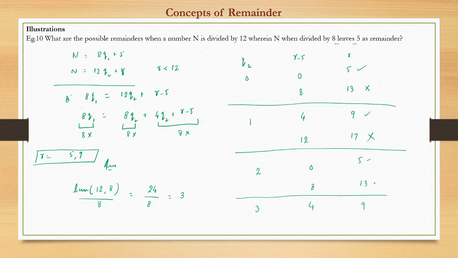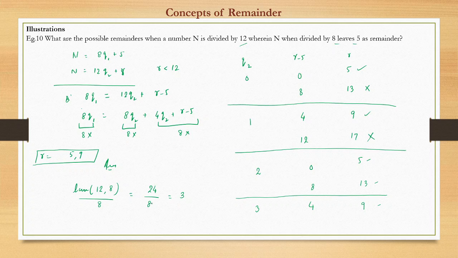So which term are we missing here? 12 and 8, the LCM should be 24 itself. 24 by 8.